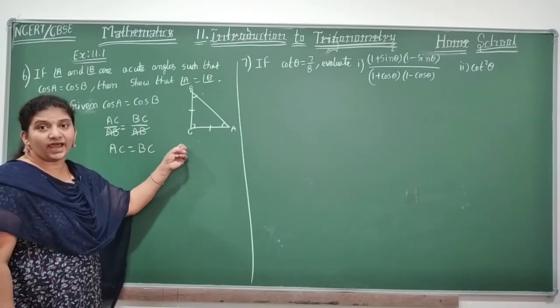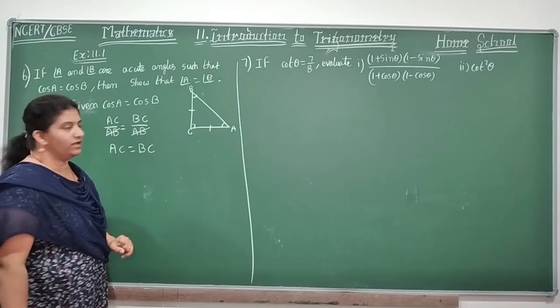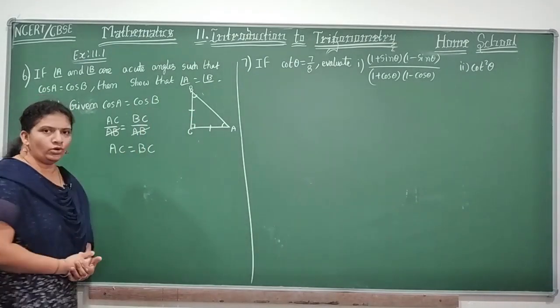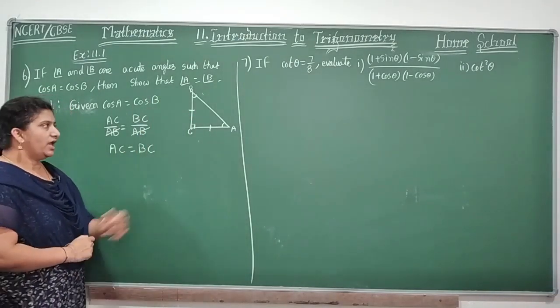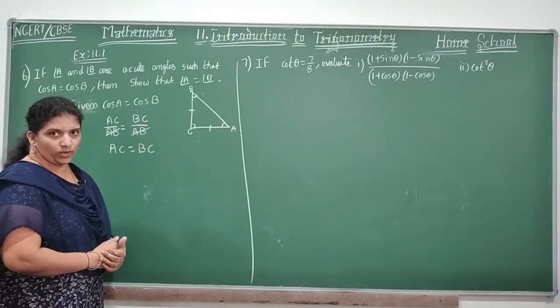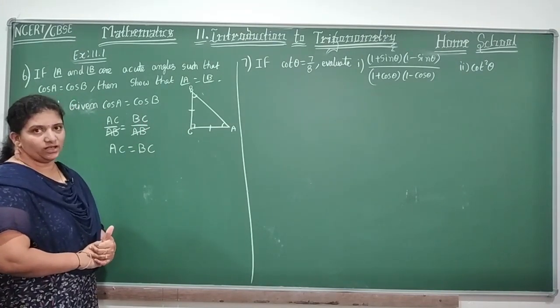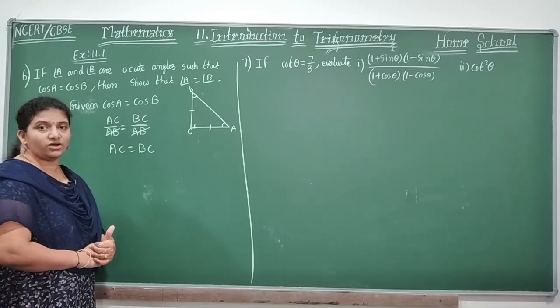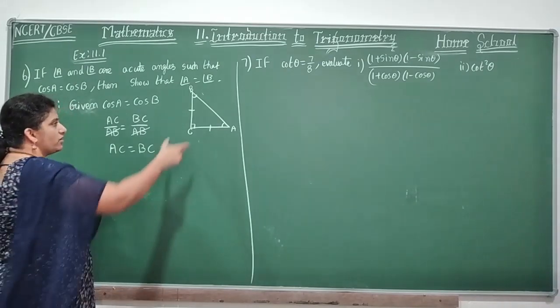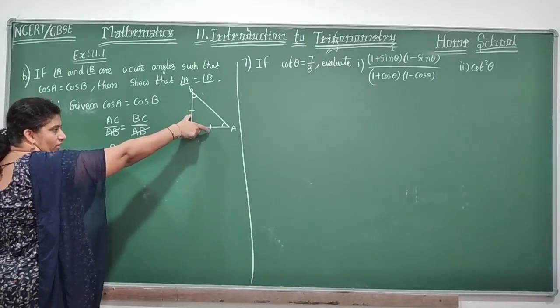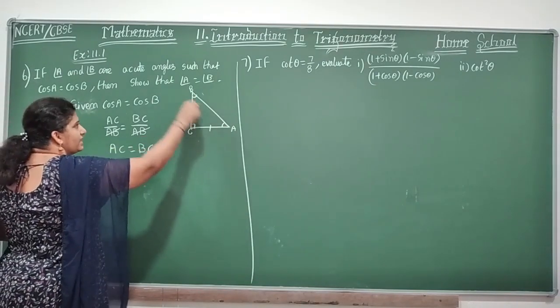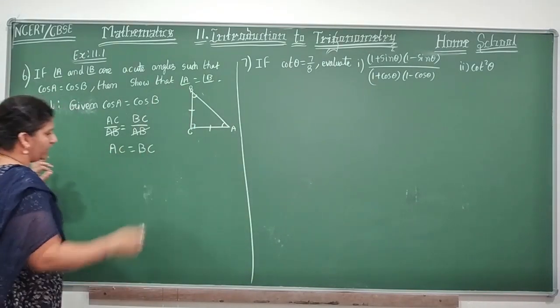And this is a right isosceles triangle. So, I think you know a rule. What is that? If two sides are equal, opposite angles must be equal. You already came across this in your 9th class, right? So, if two sides are equal, their opposite angles will be equal.